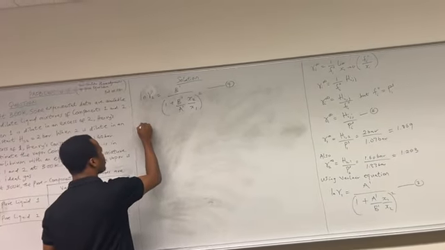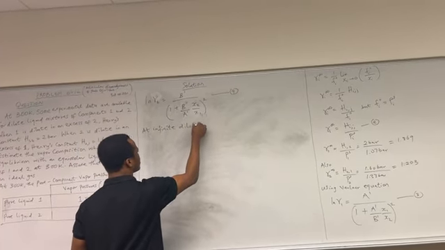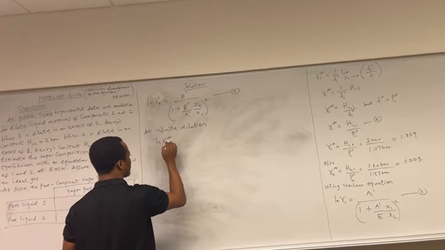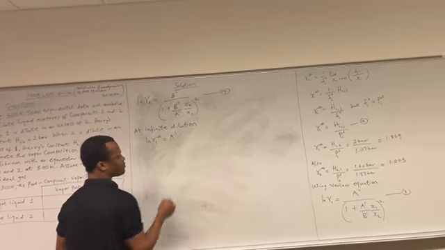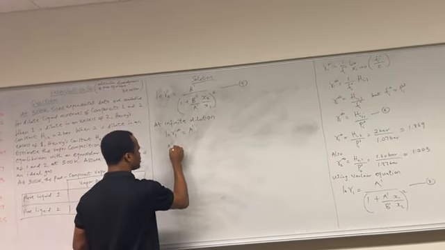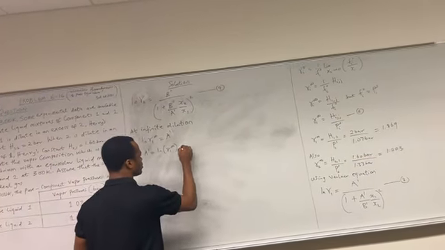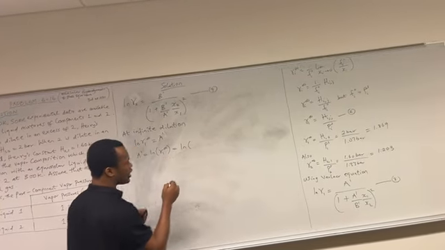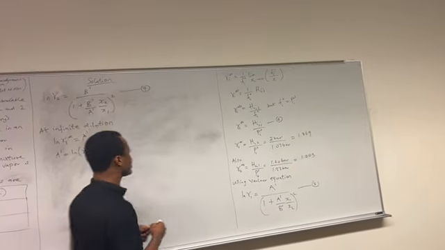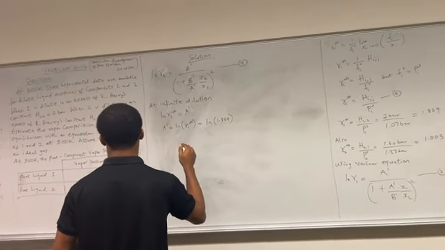Also, at infinite dilution, ln gamma 1 is equal to a prime. Understand? So a prime is equal to ln of gamma 1 at infinity, which is equal to ln of 1.869.